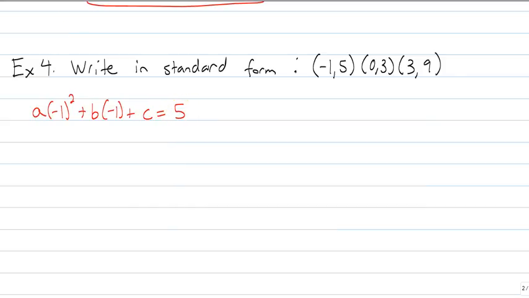Now, this one's actually a special case because of this. That's like our y-intercept. So, look what happens when we do this. You actually don't need to use matrices for this one because look what happens.